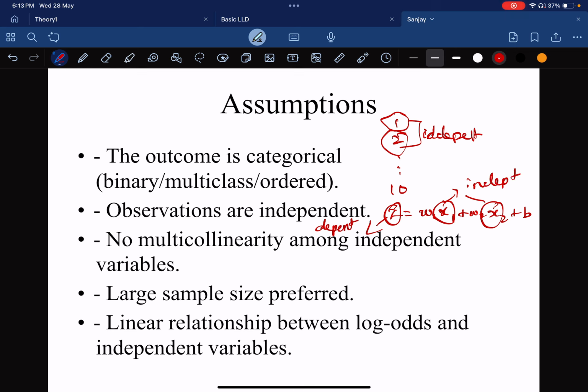No multicollinearity means there is no relationship between x1 and x2. And in logistic regression, we usually prefer a large sample size, and there is a linear relationship between the log odds and the independent variables. This means there is a linear relationship between the independent variables and the dependent variable through its coefficients, and b is constant.